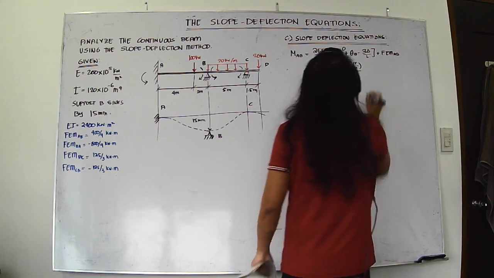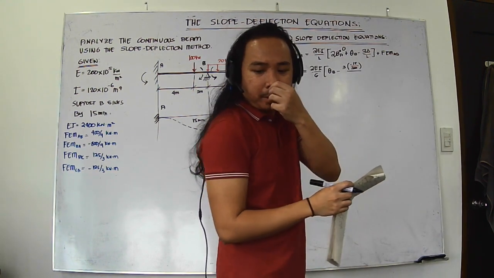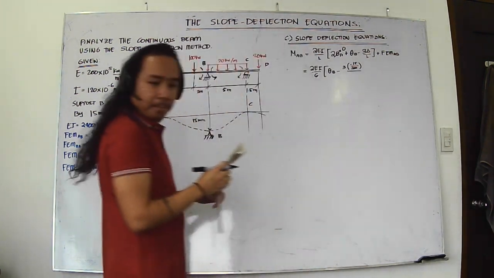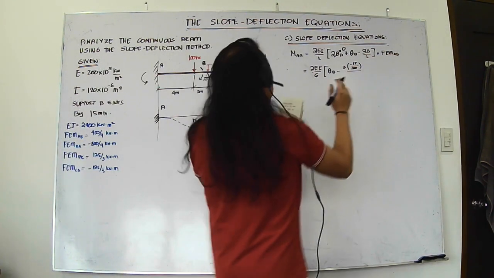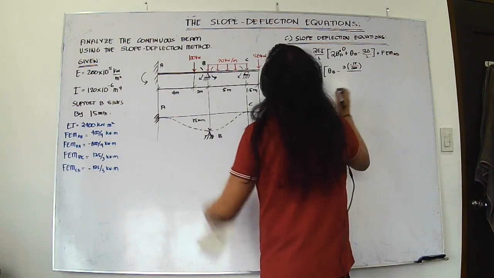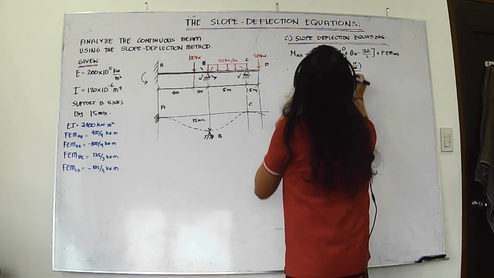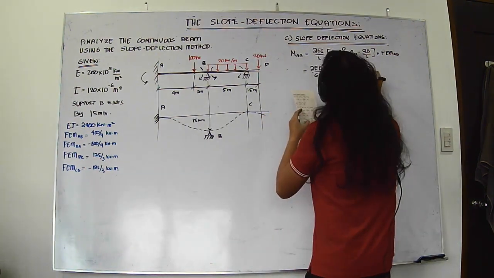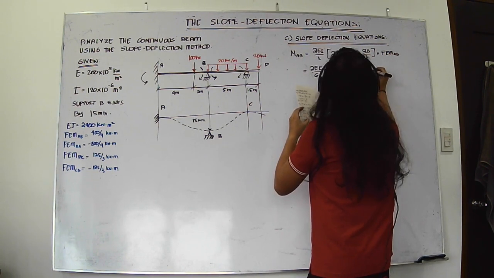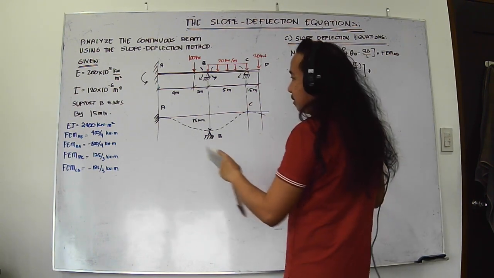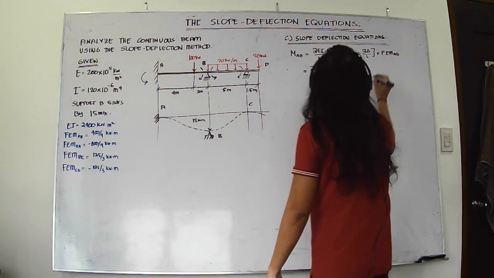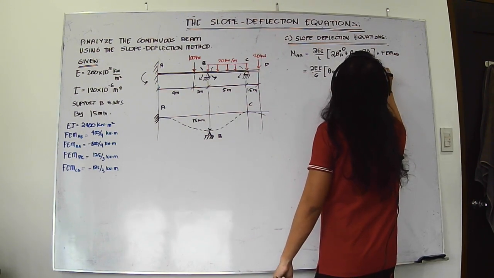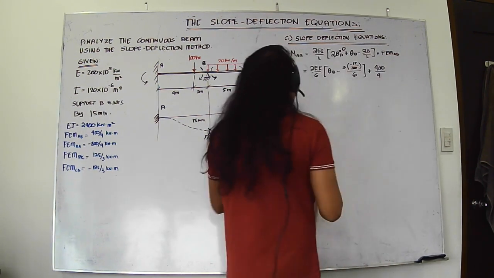I'm dividing by 1000 because I'm converting to meters. Divided by L, plus FEM AB, that is equal to 400 over 9. So I have something like this.